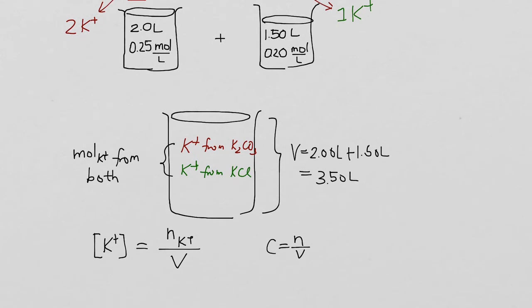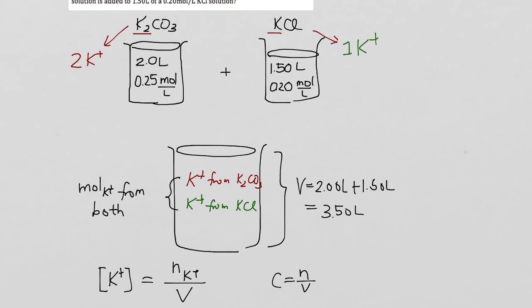Okay, and if you really want, there are, of course, in the solution, also carbonates and also chloride ions. But the question doesn't ask you for that. So it's really irrelevant that we calculate those. And what we are really interested in is this.